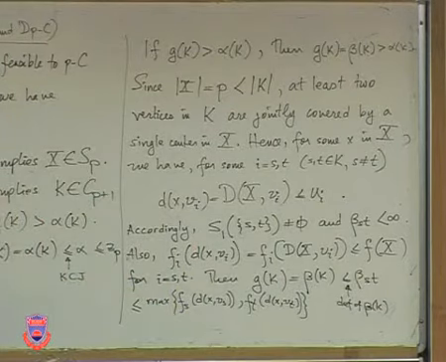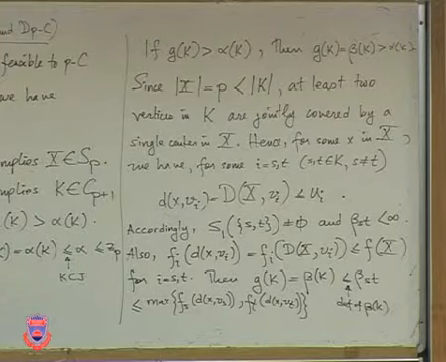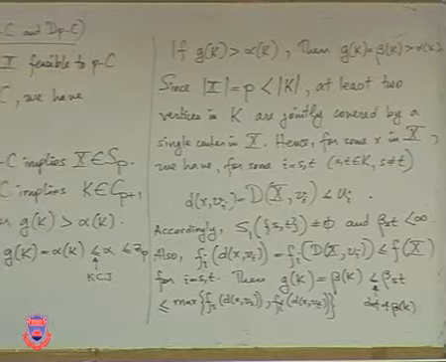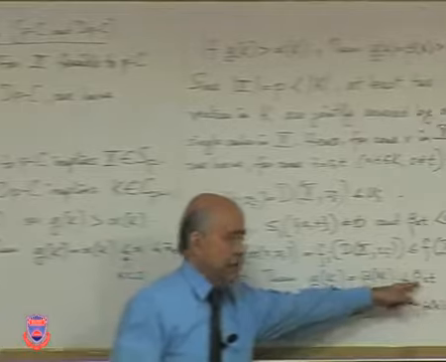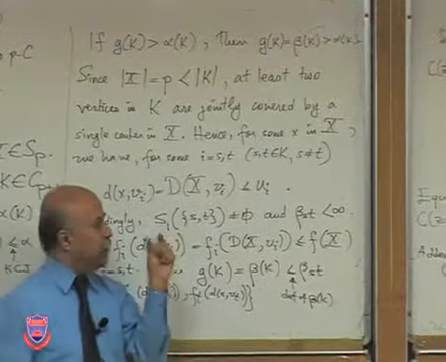Why is that inequality true? Because of the definition of beta st. Beta st is the smallest value.